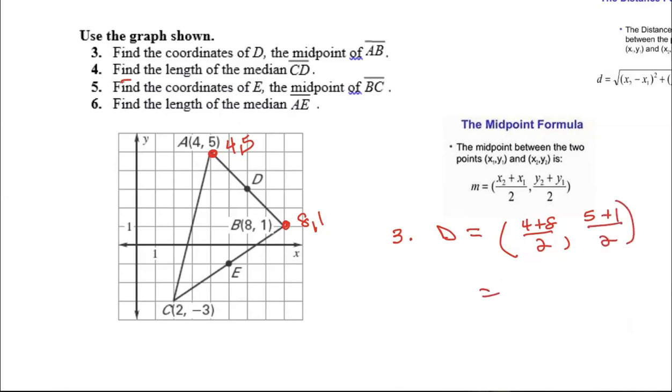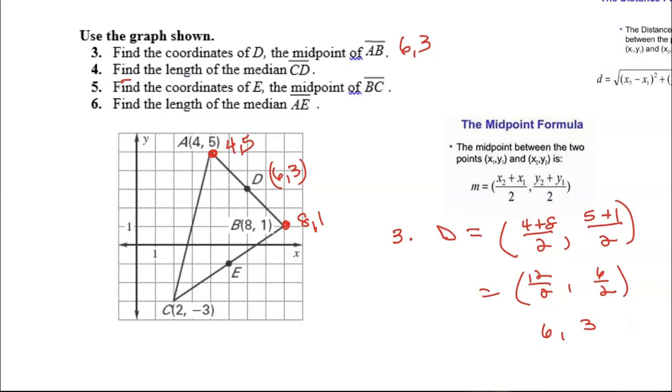You see where I'm getting these numbers from? 12 over 2. 5 plus 1 is 6 over 2. So that midpoint's going to be 6, 3. So I'm thinking that D is going to be 6, 3.